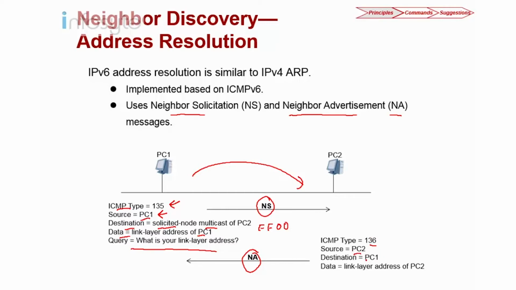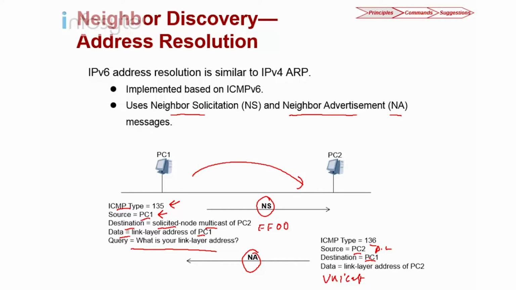It will send the source, which is PC2's data link layer address, to PC1 in a unicast. So this is how the neighbor discovery address resolution is performed.